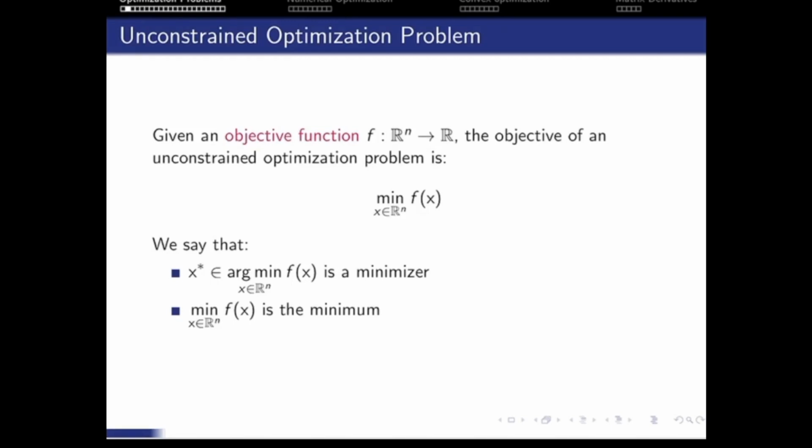There we are given one function f, which is called the objective function, and the task is to minimize f for all the points in its domain R^n. If we have found the argument which minimizes our function, then we call it a minimizer, and the value which is attained at the minimizer is called the minimum.